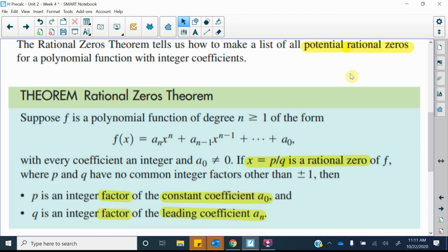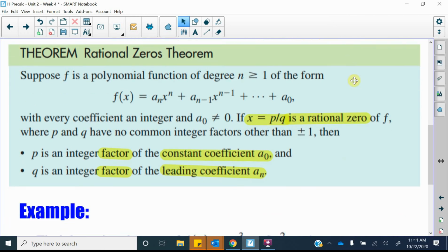So this is giving us a possible list. It doesn't mean all of the values that we come up with are actually going to be zeros. It just means that of all the rational numbers in the entire world, we're looking at a small number of them that could possibly be zeros. And we'll check out how to actually calculate which ones are the zeros with your calculator.